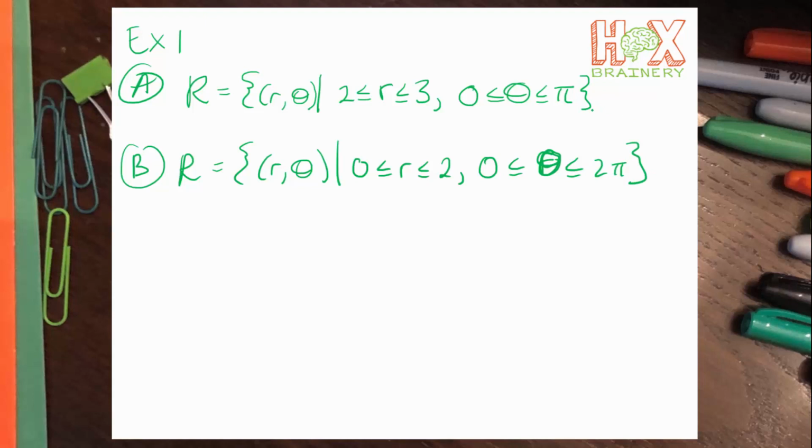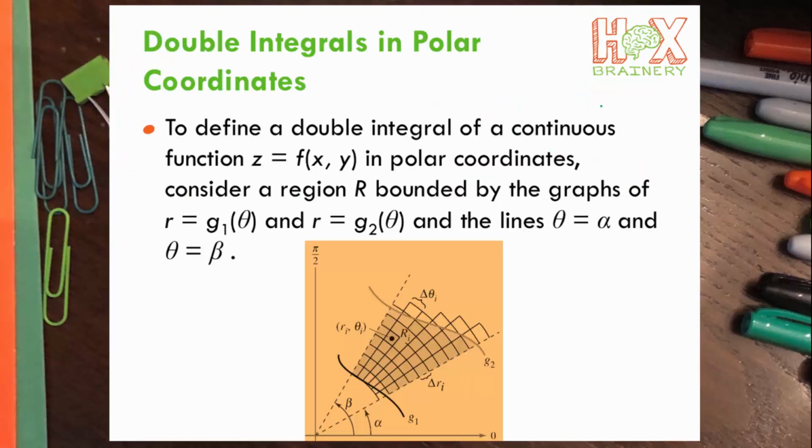Now we're going to go back into the integration. So, double integrals in polar coordinates. If we want to define a double integral of a continuous function in polar coordinates, consider the region R pictured below, which is bounded by the graphs of r equals g sub 1 and r equals g sub 2, and the lines theta equals alpha and theta equals beta. g sub 1 is this curve here. g sub 2 is this curve here.